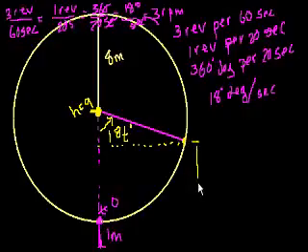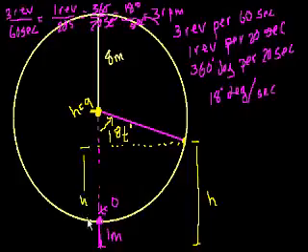So their height above the ground is this distance, h. If this distance is h, what is this distance going to be? This whole distance is 9. This distance is h. So this distance right here is 9 minus h.